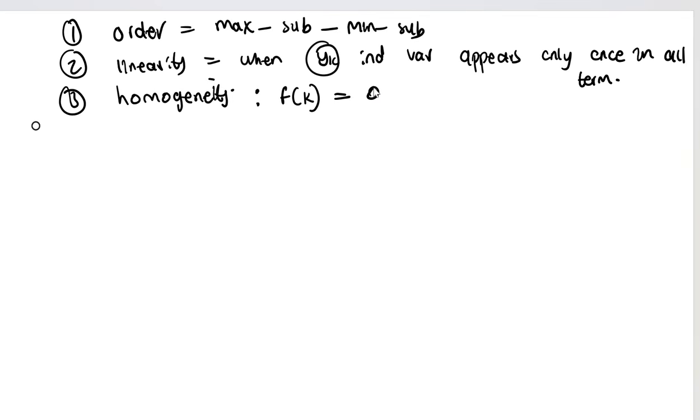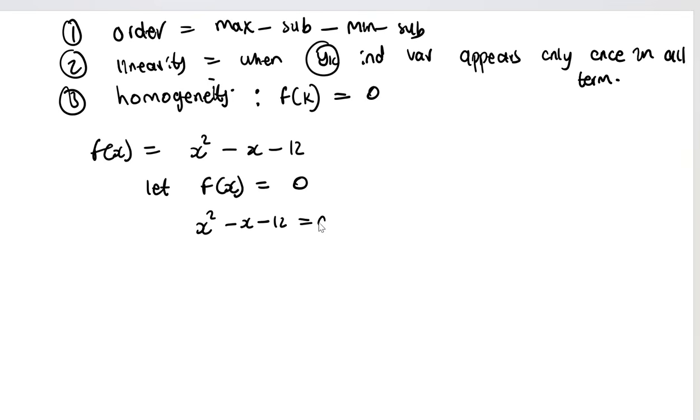So now let's have the first example. Let's give a basic example of f of x equal to x squared minus x minus 12. If I let the function in x be equal to 0, then I am going to have x squared minus x minus 12 equal to 0.